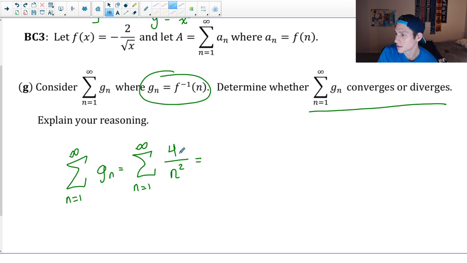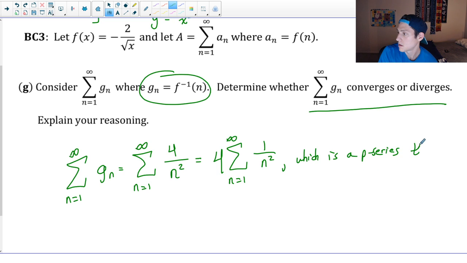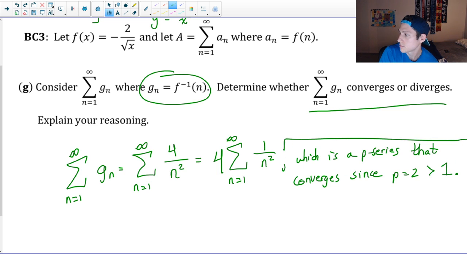And almost the same thing. Look, this almost is just a p-series. I'm going to pull out that 4. So I just have the series from 1 to infinity of 1 over n squared, which again is a p-series that converges, since p is 2, which is greater than 1.